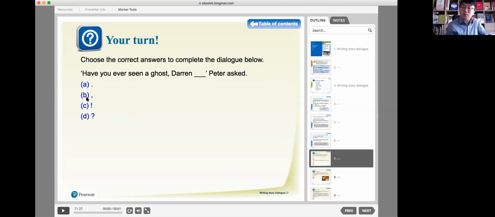Which punctuation mark should we use? Full stop, comma, exclamation mark, or question mark? It's easy, right? Asked. You're asking something. It means that it's a question. So the answer is D.